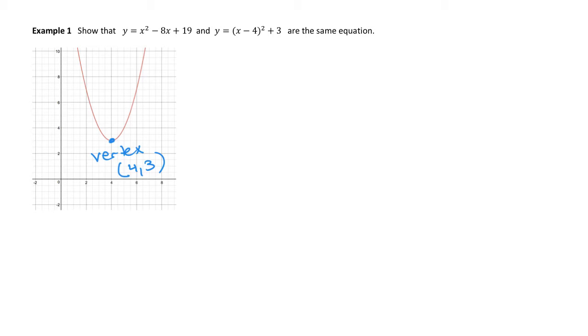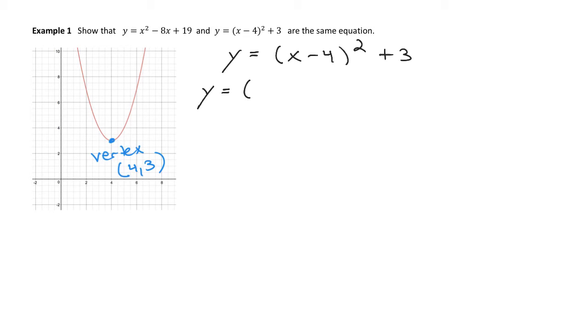So for this example, I want to show that these two equations are in fact the same. The way I'm going to do that is by taking this, squaring it out, combining some like terms, and hopefully ending up with this equation. So let's try that. We'll start with y is equal to x minus 4 squared plus 3. To multiply this out, I have to square x minus 4.